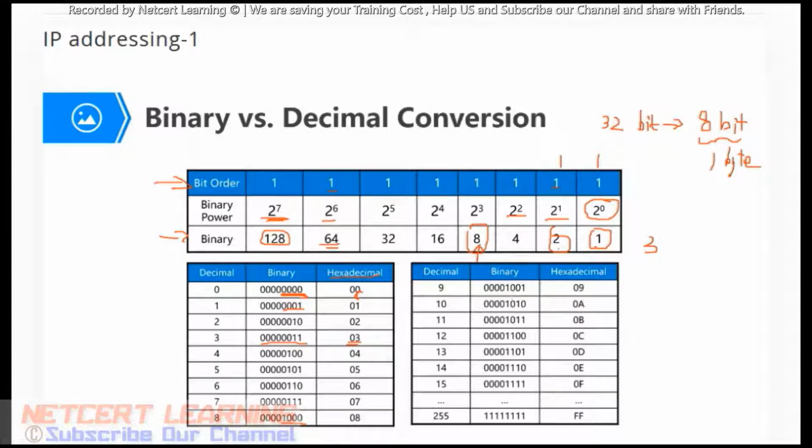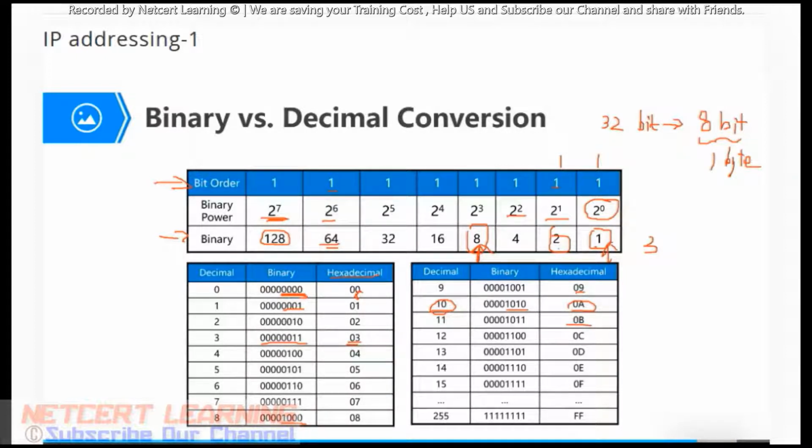Then 1 0 0 1 means 8 plus 1, that's 9. And then this is 10 in decimal, but in hexadecimal we can see this is A, and 11 means B, and so on.